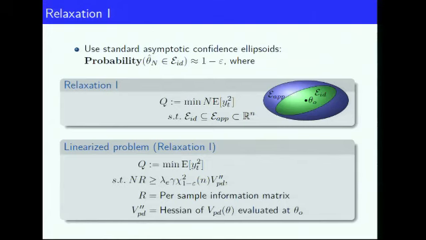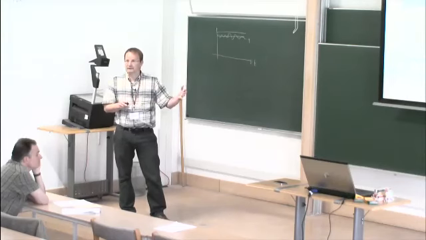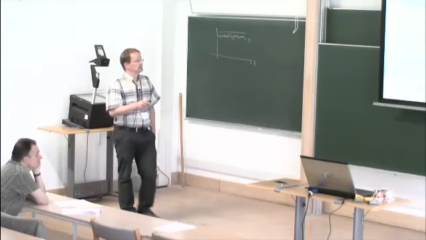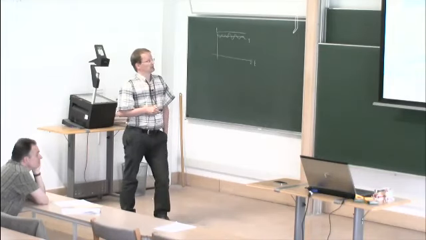So I get minimizing the output energy subject to that n, the sample size, times r, where r is the per sample information matrix that Luke also introduced, or average information matrix, is greater than the Hessian of the performance degradation function times a scalar constant which consists of the noise variance, the accuracy, and the chi-square quantile with n degrees of freedom, where n is the number of estimated parameters. So that's one possible relaxation.